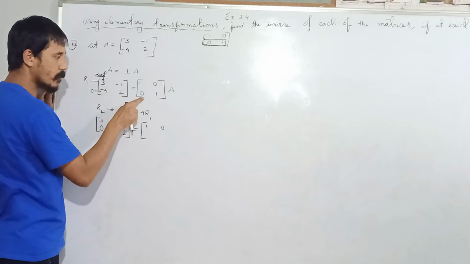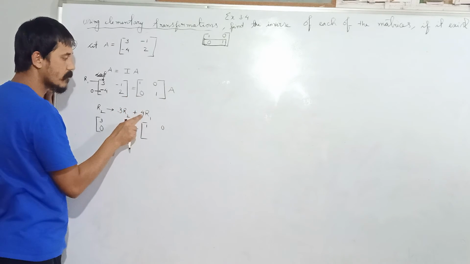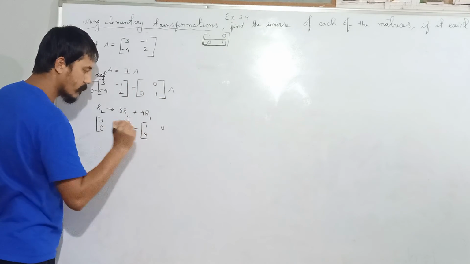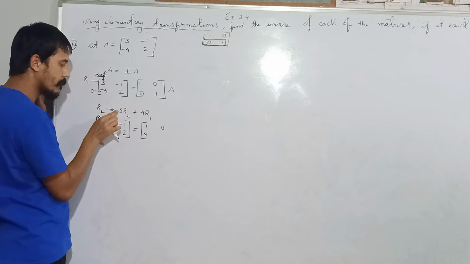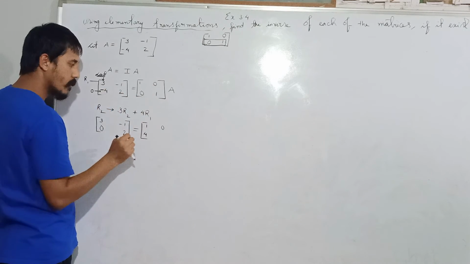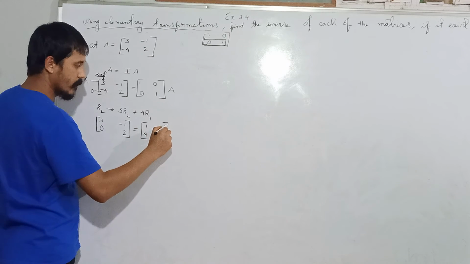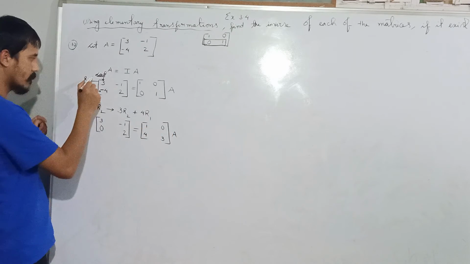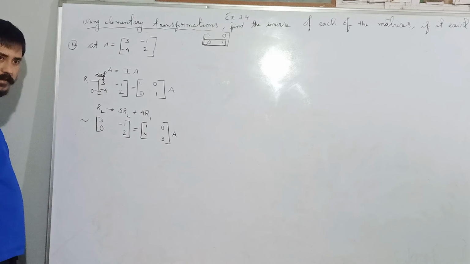So 3 times 0 is 0 plus 4 times 1 is 4. And then 3 times 1 is 3 plus 4 into 0 is 3. So this has become equivalent to this.